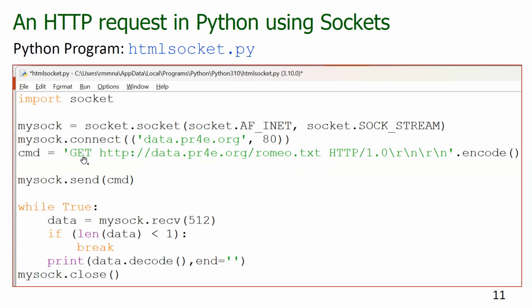Then you can get the data from that URL, romeo.txt information we want to retrieve. That can be stored in the cmd object using the GET method. Earlier we used GET with the full URL. GET space http://data.pr4e.org/romeo.txt. This is the complete URL.